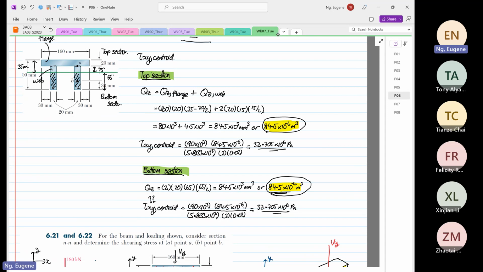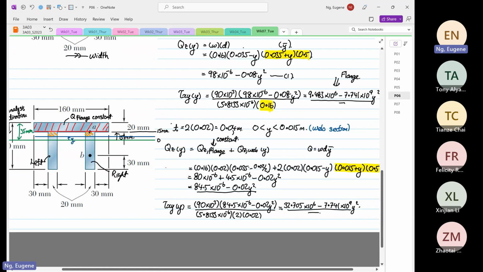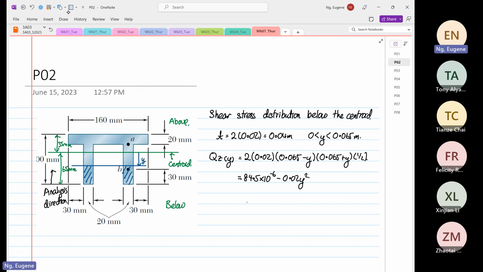So this is the region of constant thickness. With constant thickness, whether you do from the top or from the bottom, it is going to be the same.